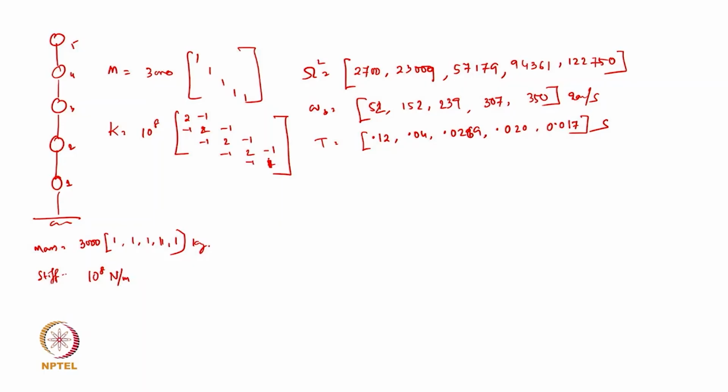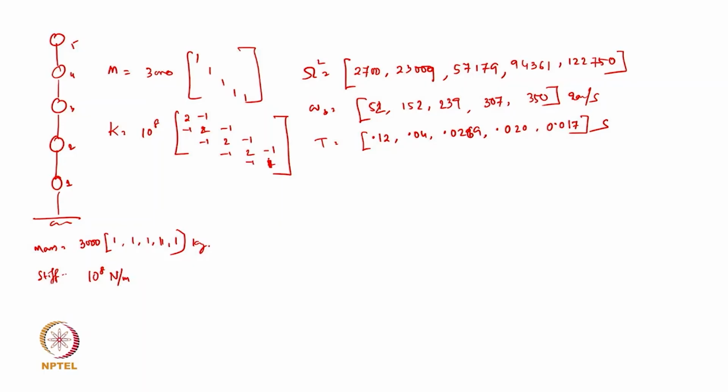Now I will try to show that this is how my matrices come. Now what I am trying to do is take only the first two modes. I'm not going to consider all the 5 modes. Now it will give 5 modes, but I am taking only the 2 modes. So if I take only the 2 modes, I also have a phi 1 matrix and phi 2 matrix like this.